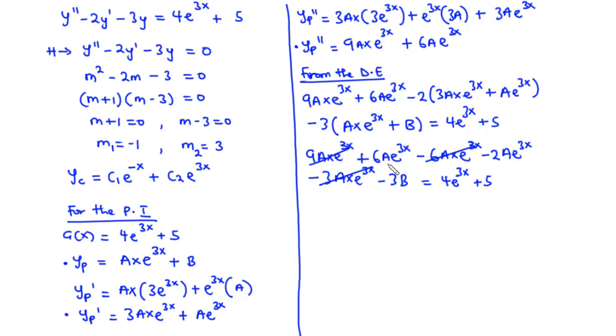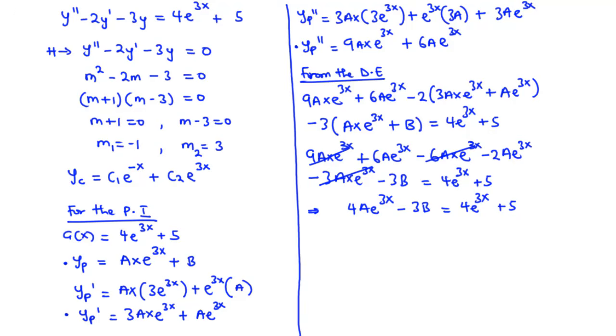So we are left with 6ae^(3x) - 2ae^(3x) on the left hand side. So that becomes 6 minus 2 is 4. So 4ae^(3x) - 3b = 4e^(3x) + 5.